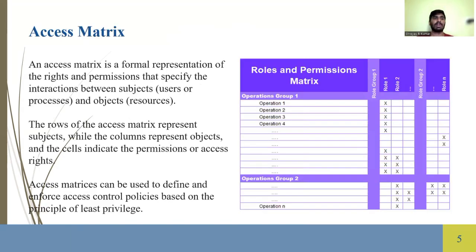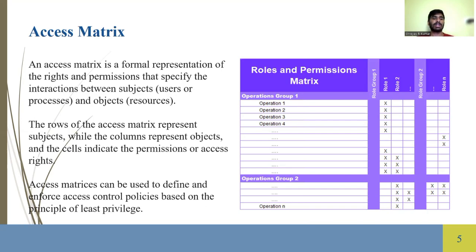Now let's see what an access matrix is. An access matrix is a formal representation of the rights and permissions that specify the interactions between subjects, users or processes, and objects, resources.